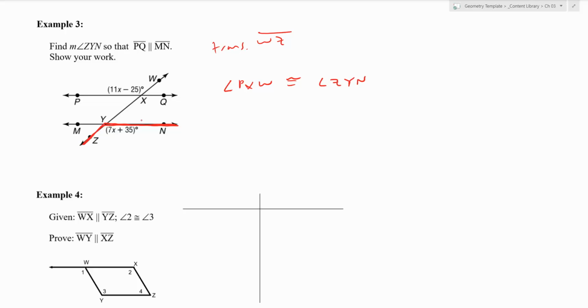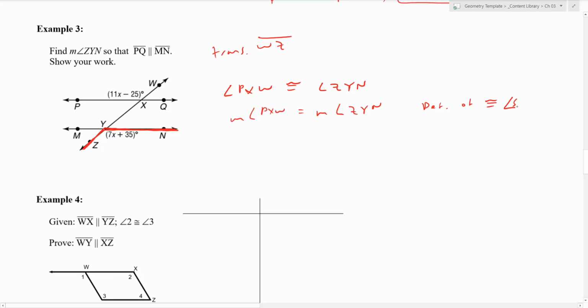So let's just say that the measure of angle PXW equals the measure of angle ZYN. Definition of congruent angles. I'm just going to say that.